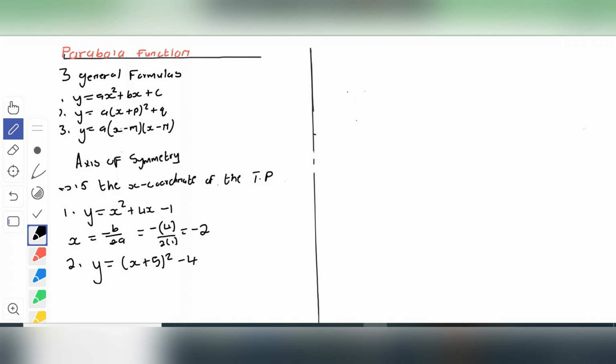We know that p represents the x coordinate of the turning point, and the axis of symmetry is the x coordinate of the turning point. Since it's plus 5 here, the sign changes, meaning our x value is going to be negative 5. Therefore, this is the axis of symmetry of this equation. And then you are done.